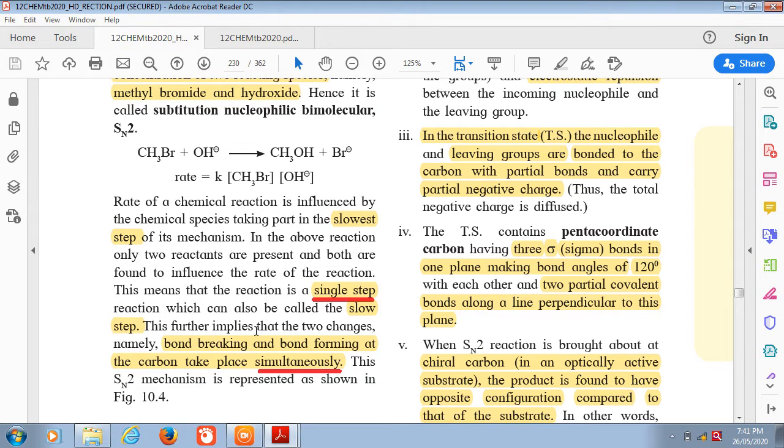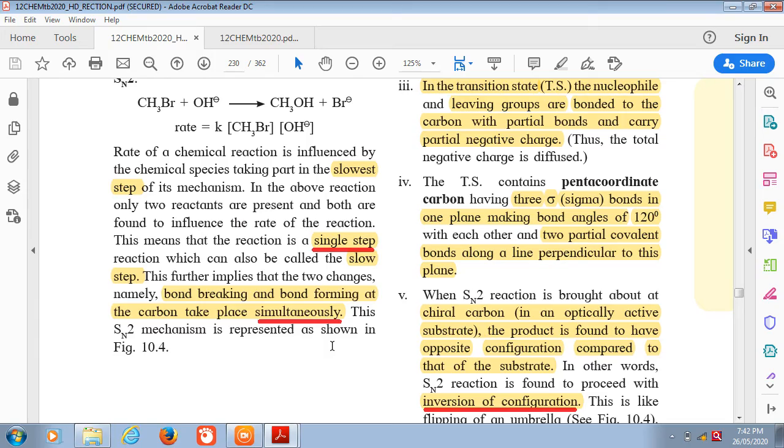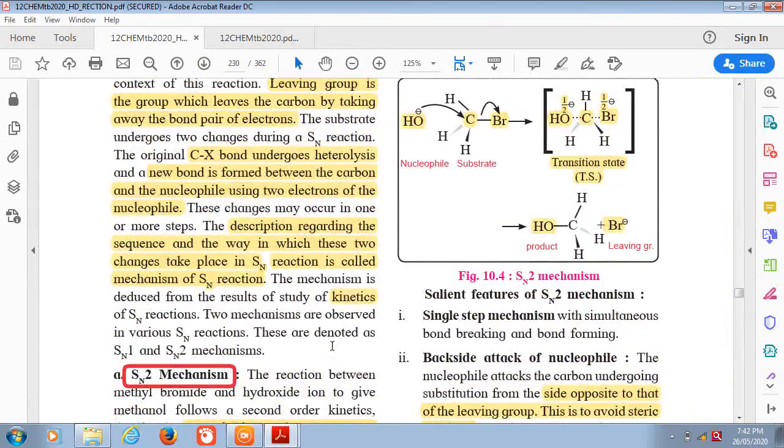So this indicates that there are two changes. One is bond breaking and another is bond forming. Breaking of the bond between carbon and halogen, and formation of a bond between carbon and the OH group, that is the nucleophile. Both these take place simultaneously, and it can be shown in your diagram.